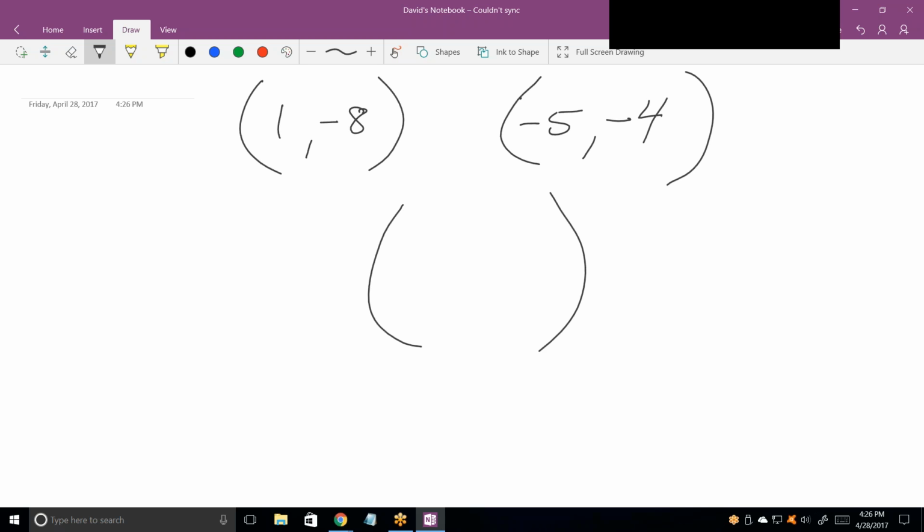Now, how do you get the halfway point between the x coordinates? You add the two numbers and divide by 2. Let me just add 1 to -5 and divide your answer by 2.